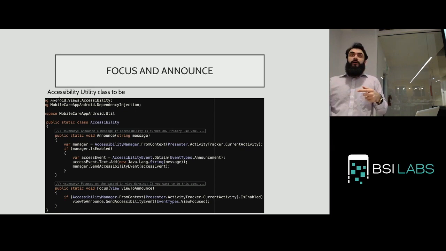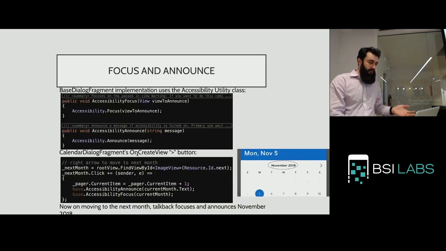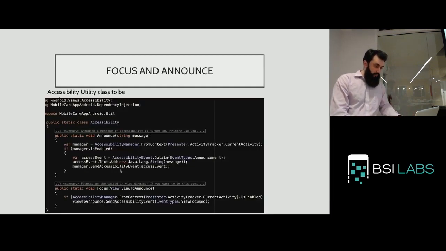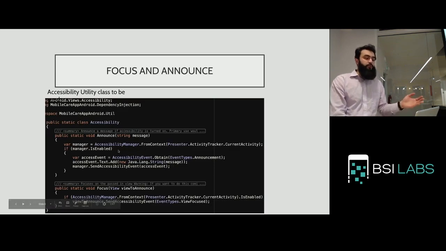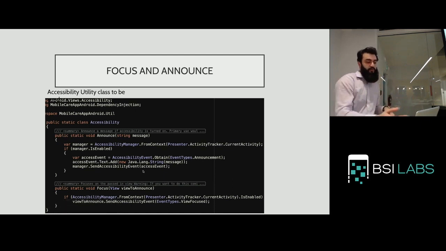Whenever you open a screen and you want it to go to a certain part of the screen to start, all you got to do is say announce, and it goes through the context and sees where exactly you want it to go. It finds the exact view and makes the announcement, basically accessibility event obtain, and then event announcement.